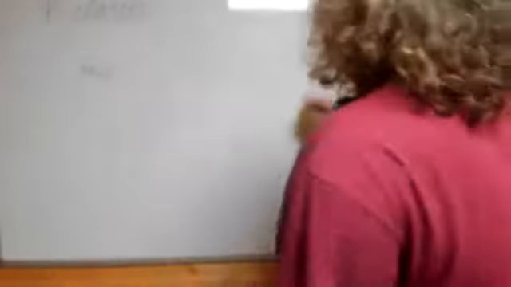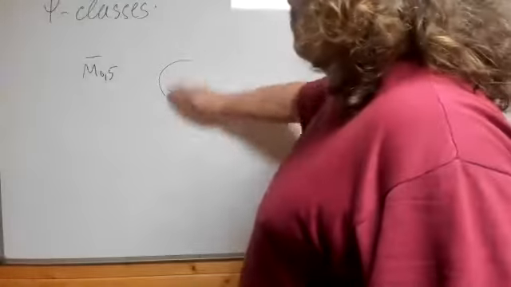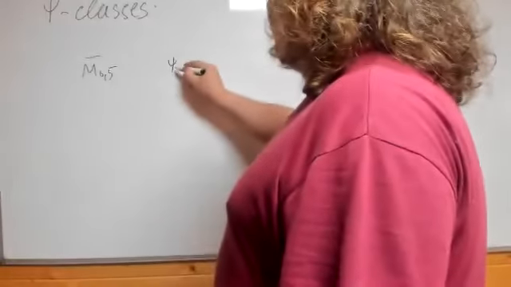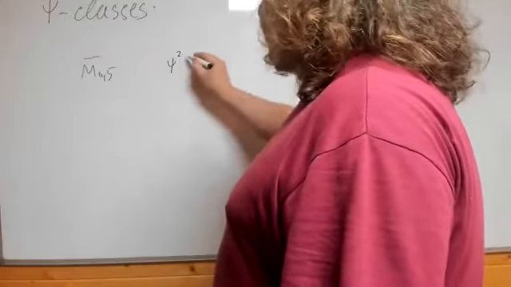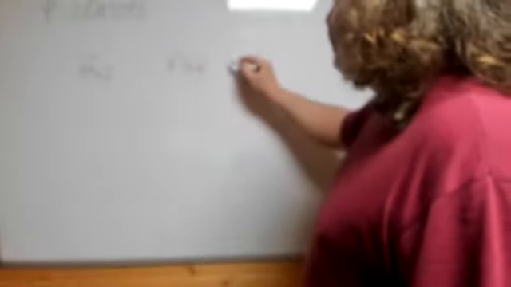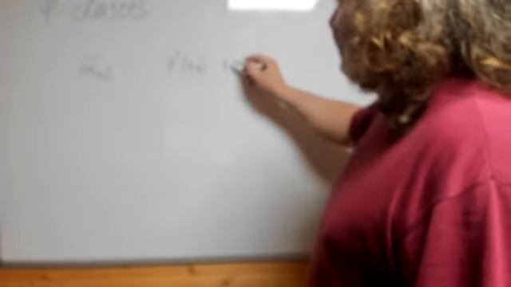So this has complex dimension 2. So we need 2 psi classes. So there are 2 cases. First case, psi square at Z1, and still 1.